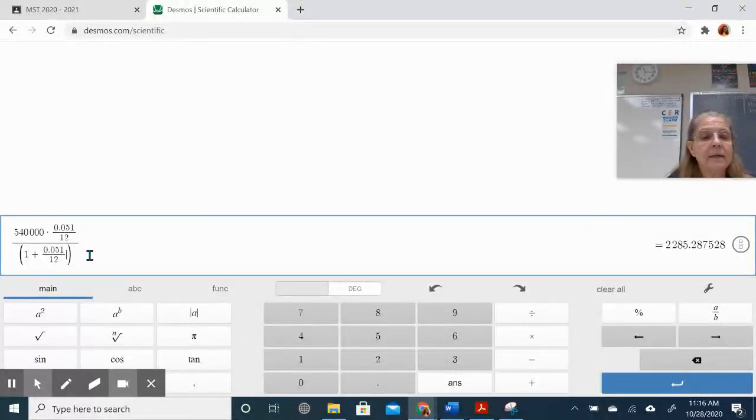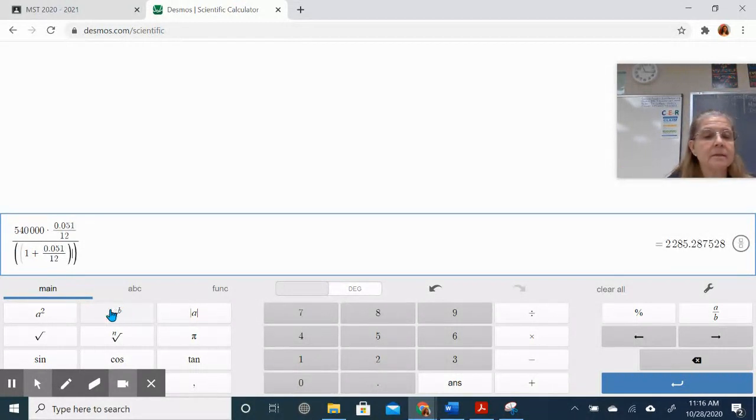So I want to raise that to an exponent of, okay, I believe I need another set of parentheses, which means I need one on this side too. Okay, so I'm going to raise this, and there's my exponent. 12 months, 20 years. 12 months times 20.